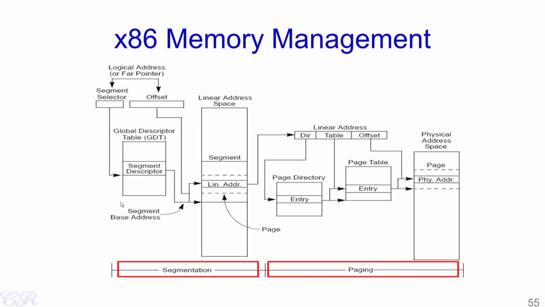We had seen especially in the segmentation unit that there is a segment selector which is a register such as the stack segment, code segment, the DS, ES, FS segment, and this particular segment would index into a table known as the GDT, that is the global descriptor table, and in this GDT is what is present, the segment descriptor. The segment descriptor, when combined with the offset, will give you what is known as the linear address.